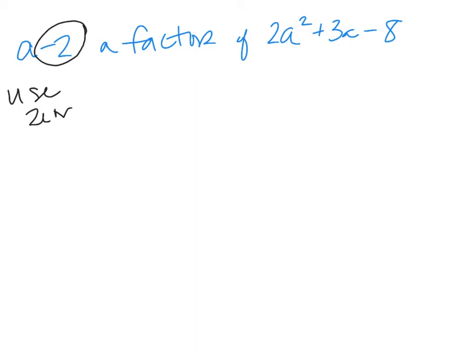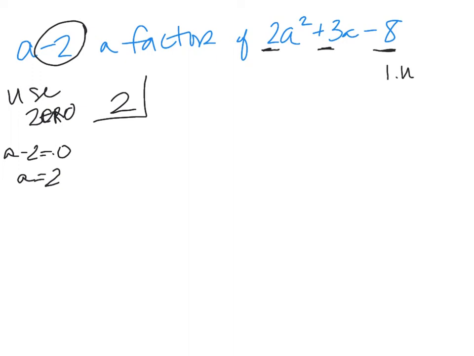If A minus 2 is the factor, then the 0 is positive 2. And then I'm going to put all the coefficients in a line next to it. So step number 1 would be use the 0.